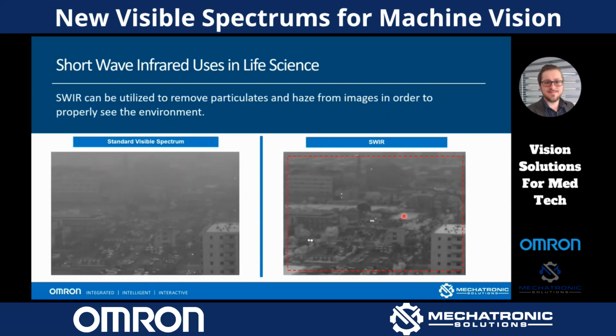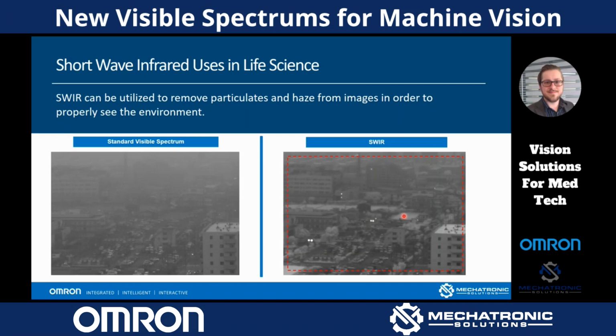And my final example of shortwave infrared, which I think is one of the cooler ones, is the same rooftop in Japan over by our Omron Sentech factory. This is an image taken side by side utilizing a standard visual spectrum camera and a shortwave infrared camera.